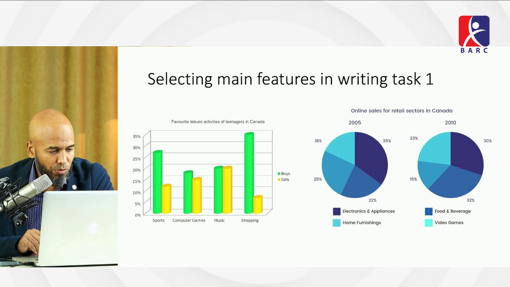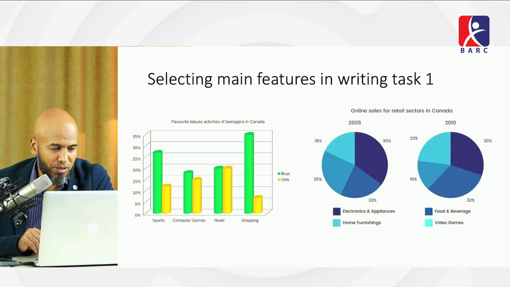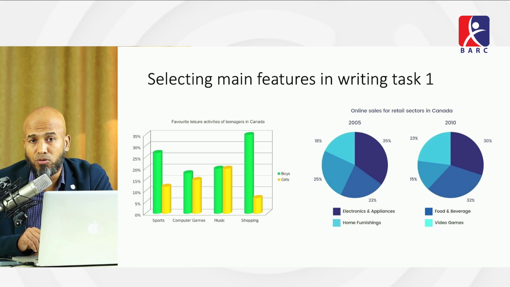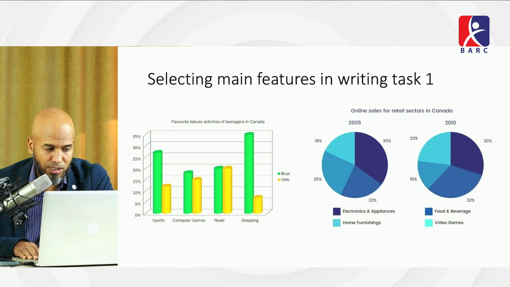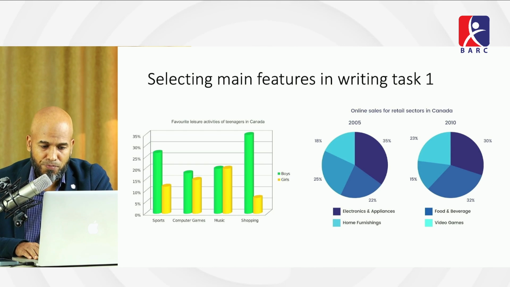So what is the static one? The other one, the bar chart, is the static one, because there is no specific time or duration or development. That's the static one. So we need to learn in the beginning whether it's a dynamic or a static chart.